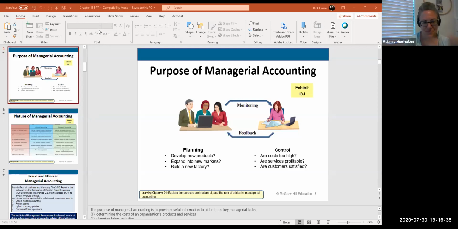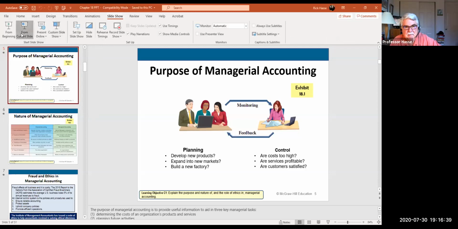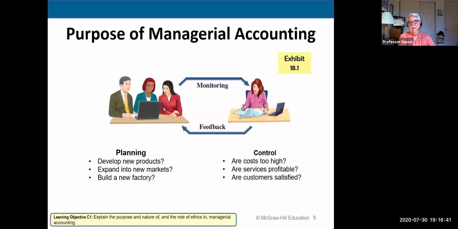Managerial accounting, chapter 18. As I indicated earlier at the beginning of the class, there's two types of accounting, and that's why this course is entitled Financial and Managerial Accounting. Financial is the actual recording of business transactions, which you all have successfully done through your midterm.